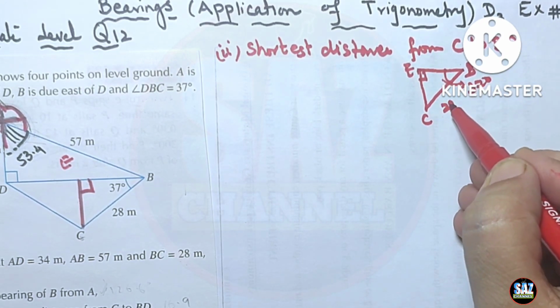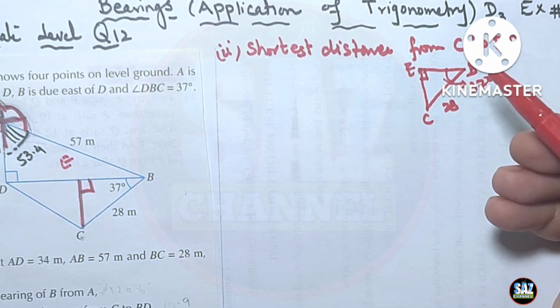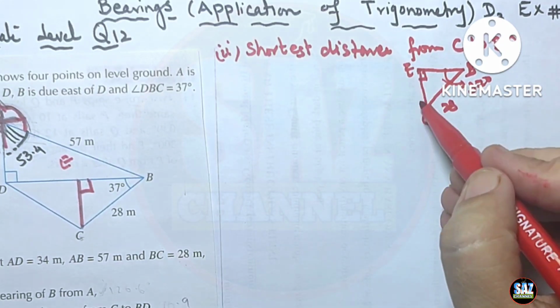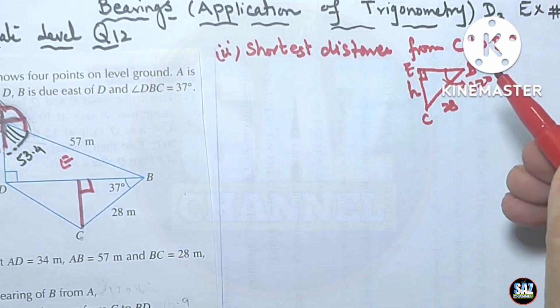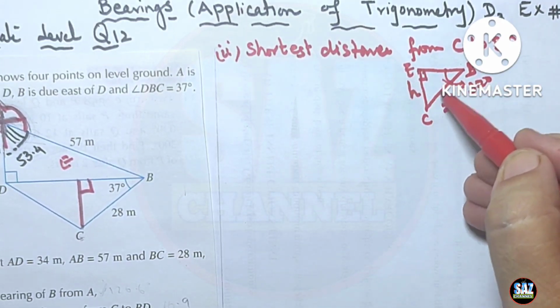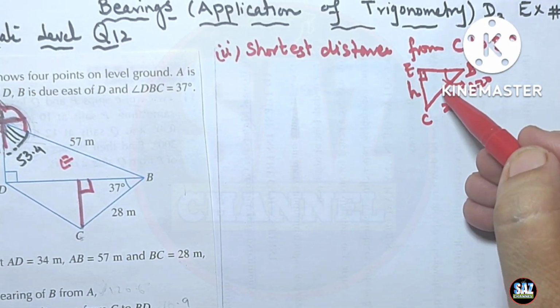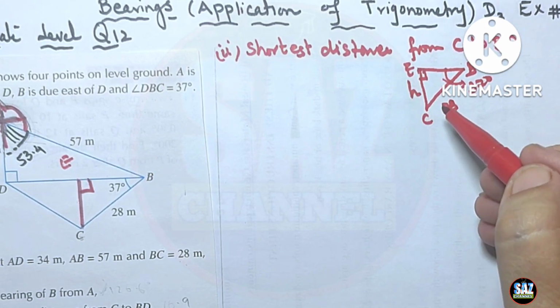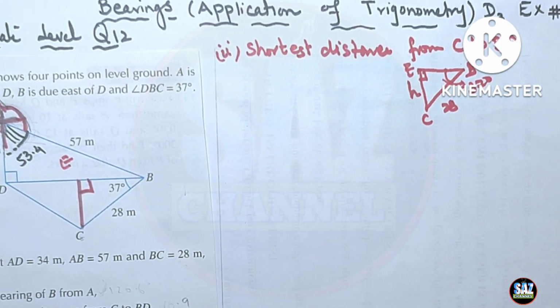Now look, students, we have to find this side. Let this side be H. With reference to 37 degrees, the angle given to us in this right angle triangle, this is opposite and hypotenuse, so the trigonometric ratio is sine.